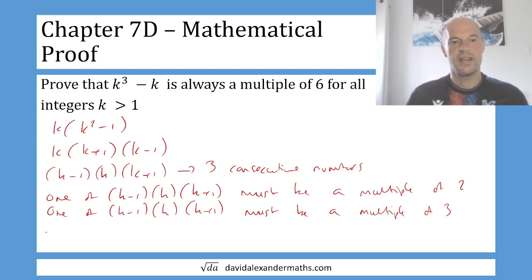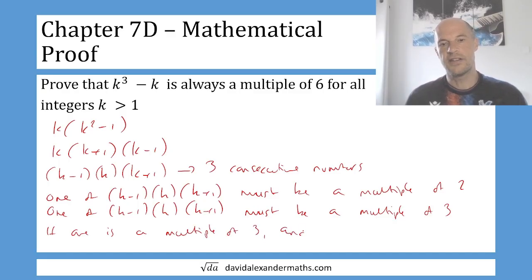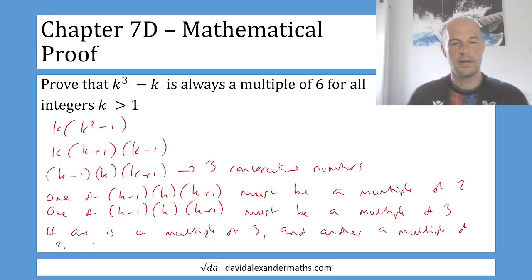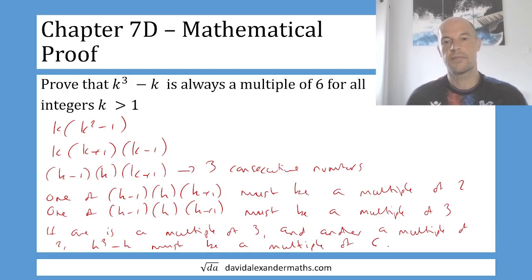So we can say if one is a multiple of 3 and another a multiple of 2, k³ − k must be a multiple of 3 times 2, which is 6. There we go.